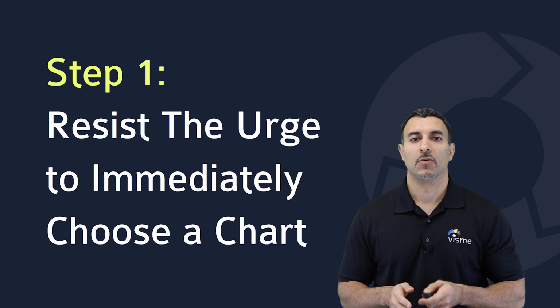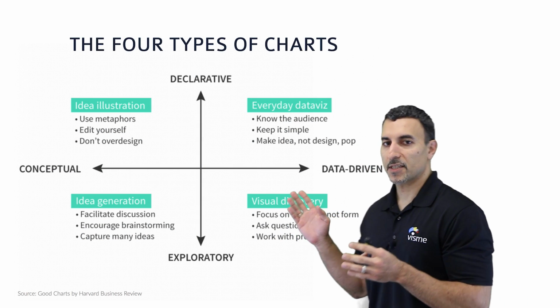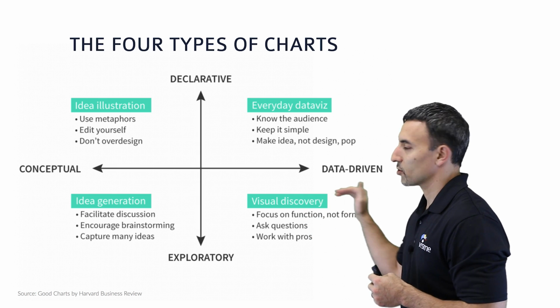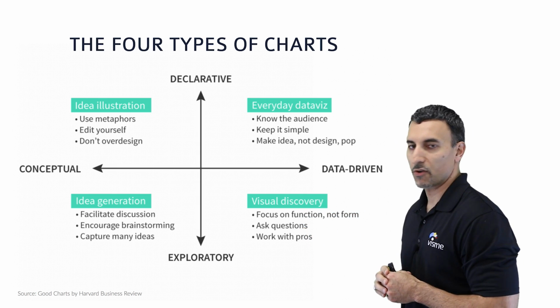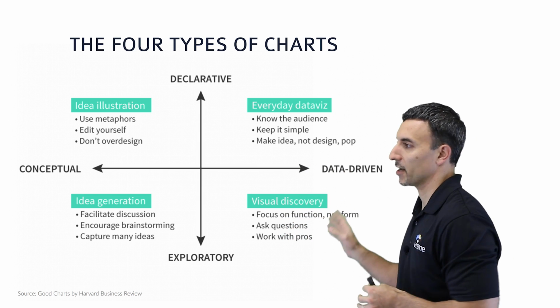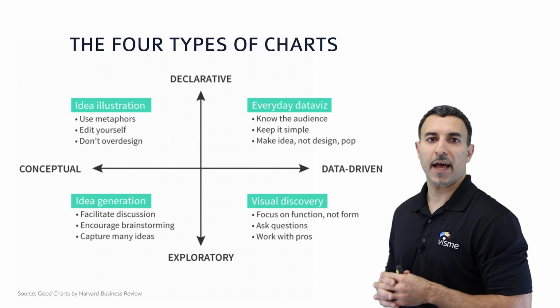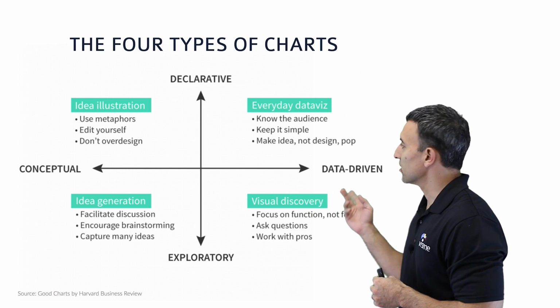All right. So let's talk about the next thing. This is a cross-section of 4 quadrants, and it's about the 4 types of charts that you can create. There are many different types of charts, but they actually fall into any of these 4. The question you want to ask yourself first is, is the information data-driven or is it conceptual?